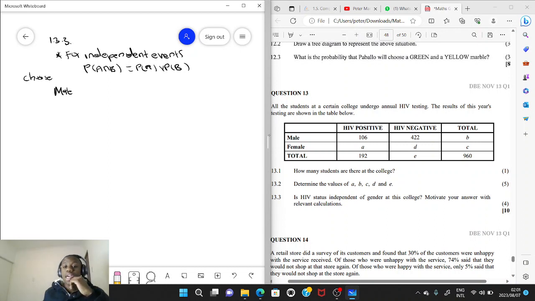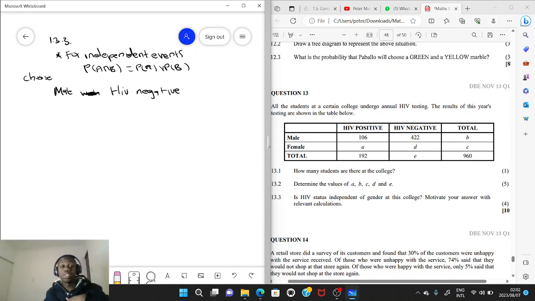You are supposed to choose one from gender and one from the HIV status. Looking at the gender, I'm going to choose a male, and then for the HIV status, I'm going to choose a male who is HIV negative.